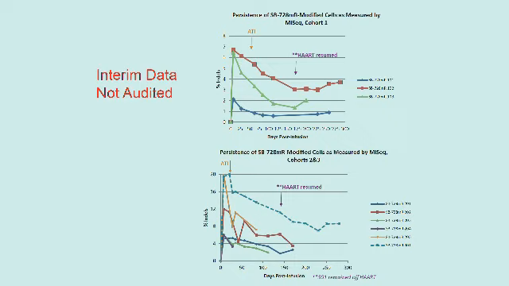Shown up top is the first cohort without the Cytoxan preconditioning. They do receive the structured treatment interruption. We're measuring percent indels here, and we are able to see engraftment and long-term persistence of the CCR5 edited cells. Shown on the bottom are cohorts 2 and 3 grouped together.